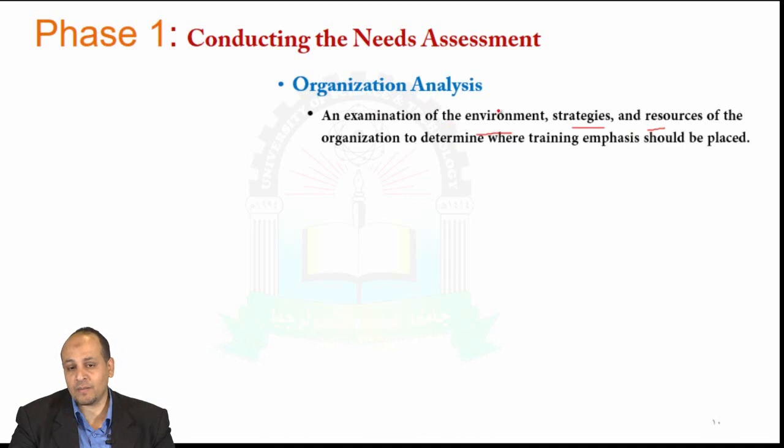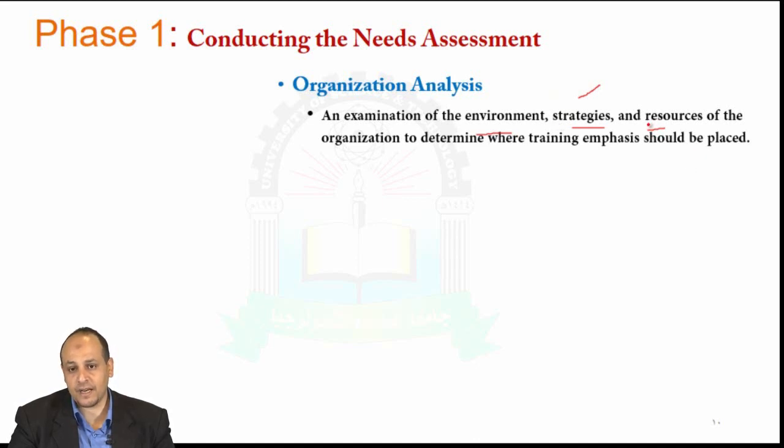So by looking at the environment, we might either seize an opportunity in the market, for example, or detect a threat. So either of which, the company would like to understand what is the next step according to such kind of analysis, which might be a training. Sometimes strategies of the company, the strategies that have been set by top management according to the analysis of the environment, might require some kind of training, because at the end, the doers, the ones who achieve such kind of strategies, are actually the employees.